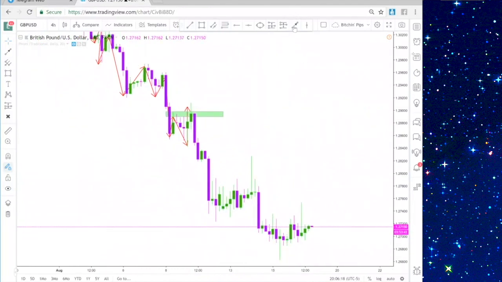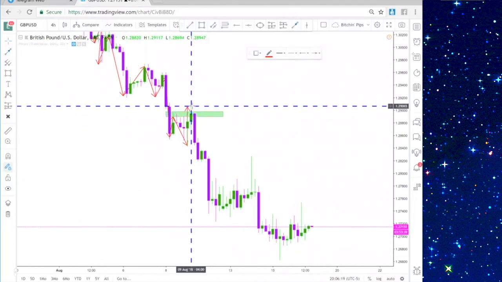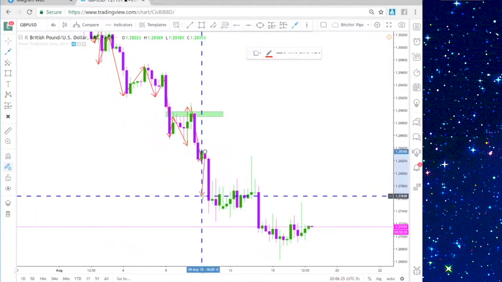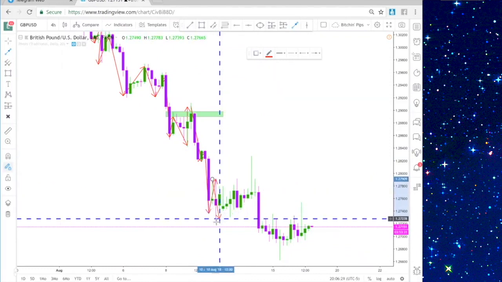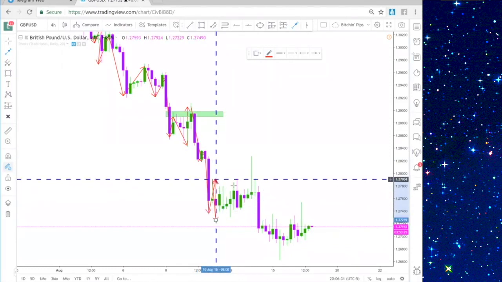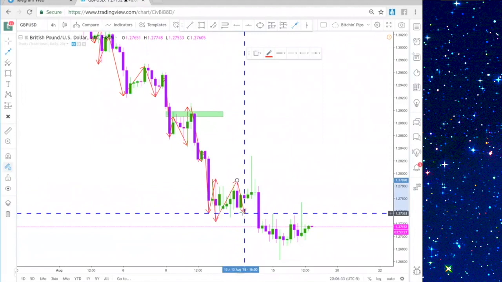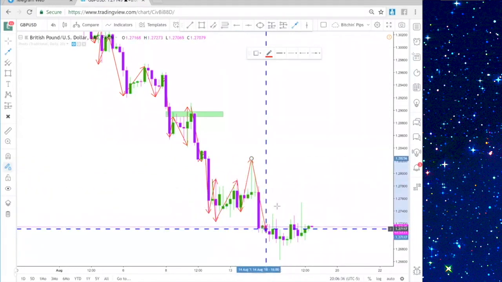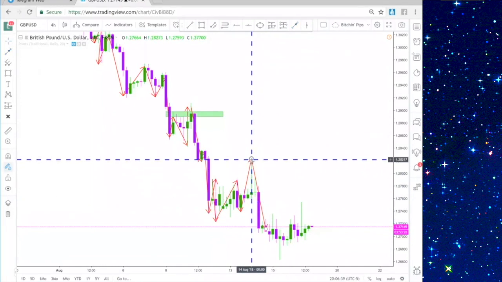Okay, so structure's still holding all the way through here, even in this area here. Price comes up, comes down. Our structural point is here every time. Every time, even though price flew all the way up here, this is not a structural update.